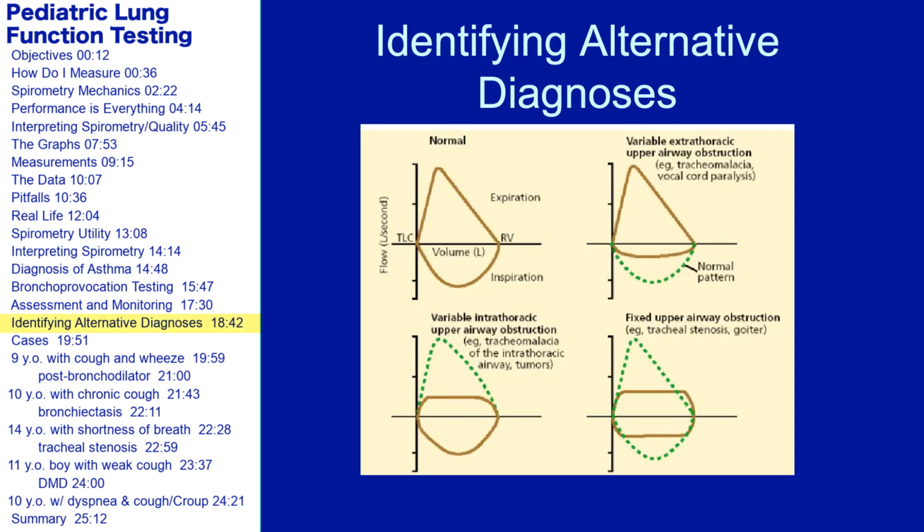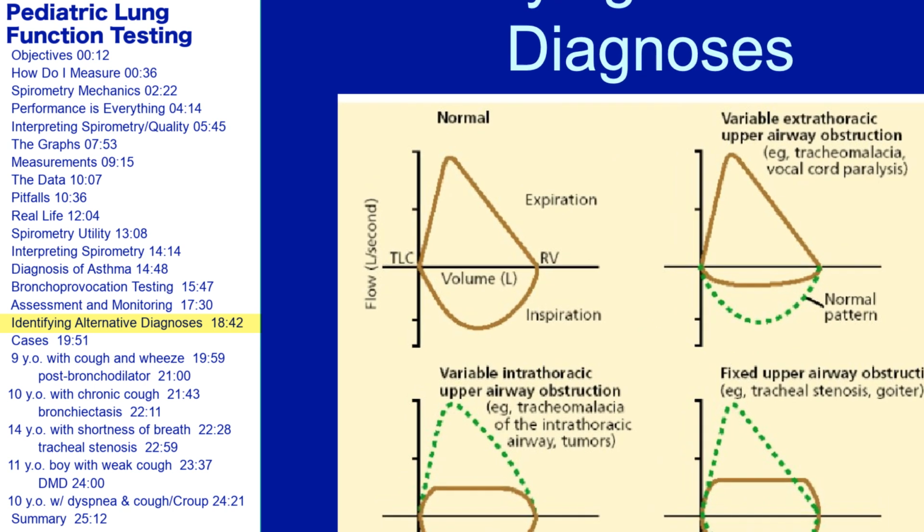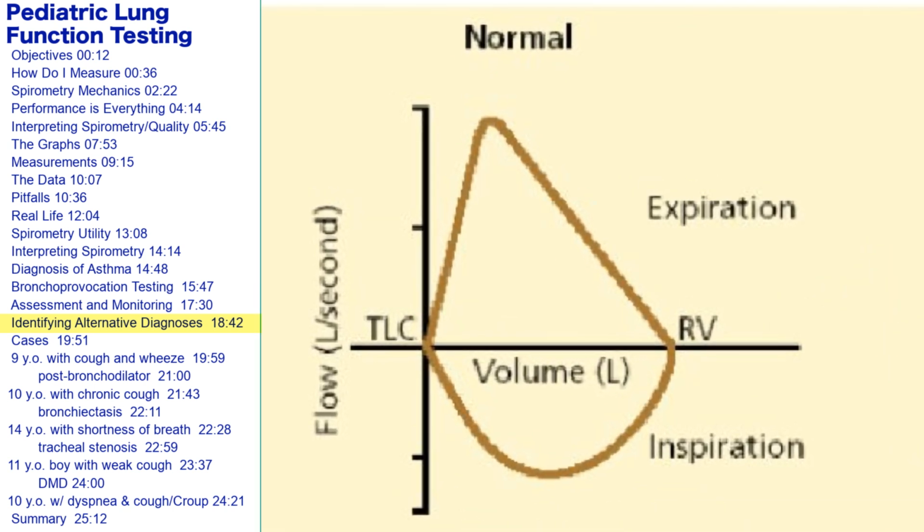And then lastly, just to review a few alternative diagnoses that may come up when you're reviewing spirometry, there are a couple of things that are presented in this figure. On the top left panel is normal. The expiratory limb looks good, and there's a full inspiratory limb as well.